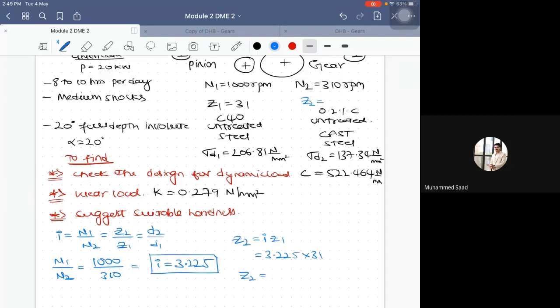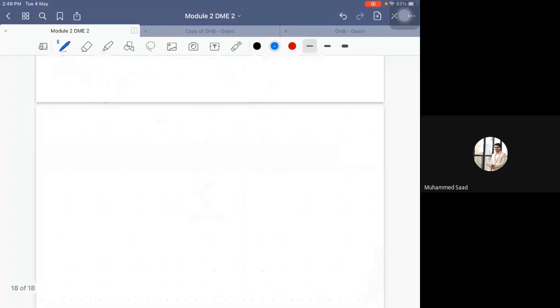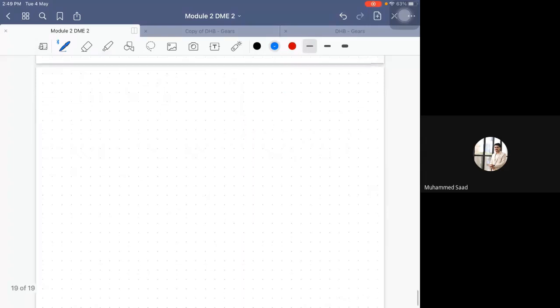Give the whole number. Shall I take it as 100? Okay. So Z2 value is 100. What is the next step?